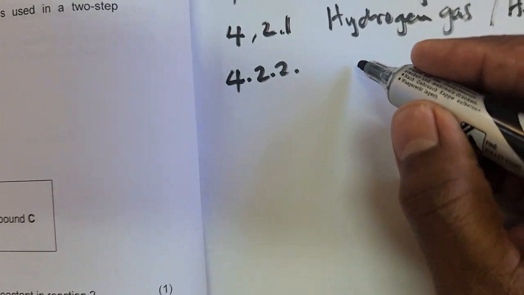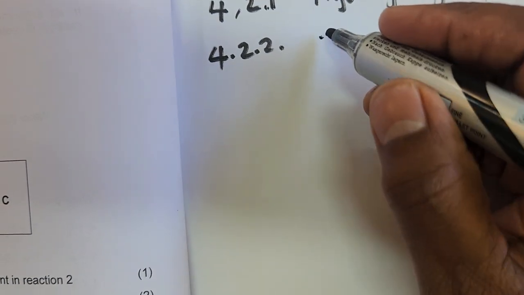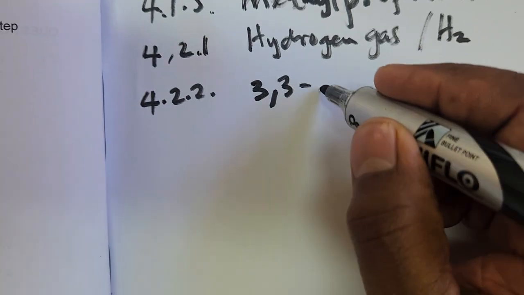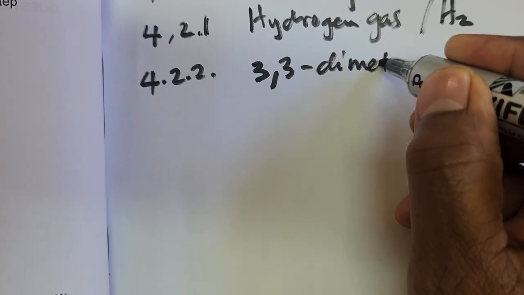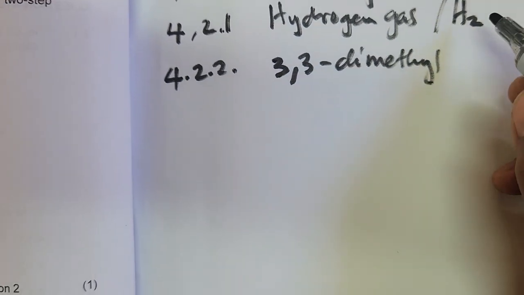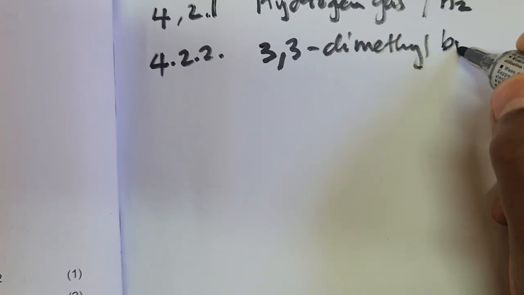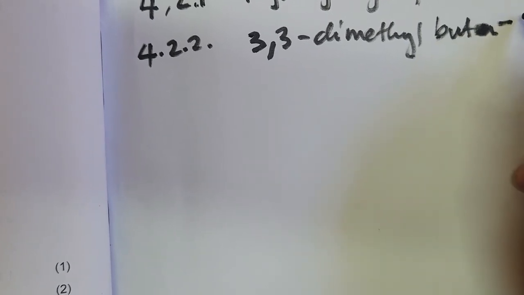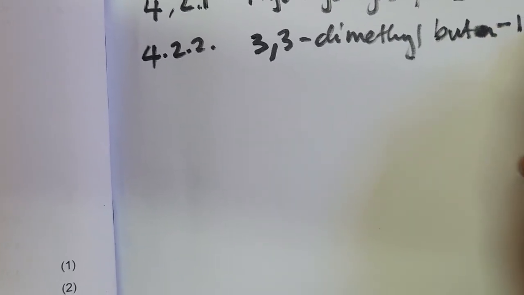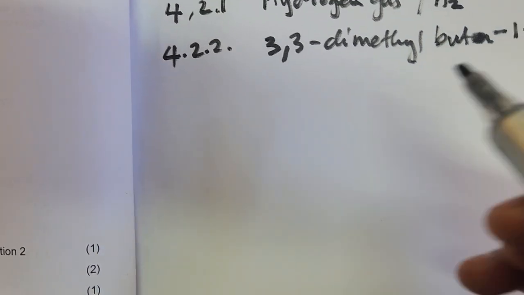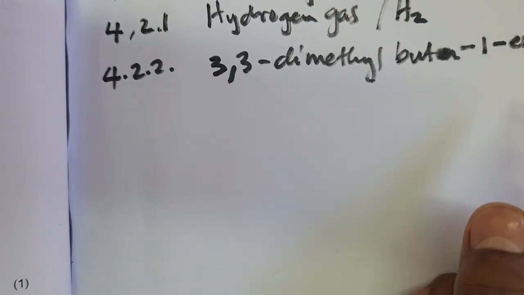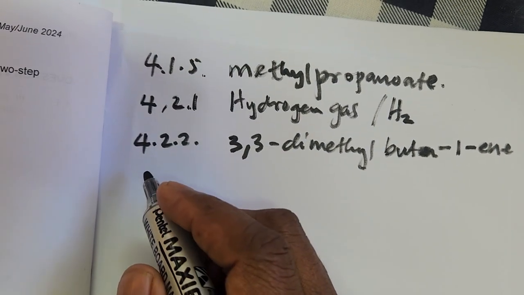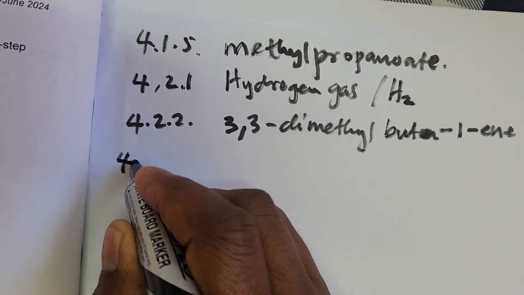Therefore it will be 3,3-dimethylbut-1-ene. 3,3-dimethylbut-1-ene. That will be the organic compound B. Yes.